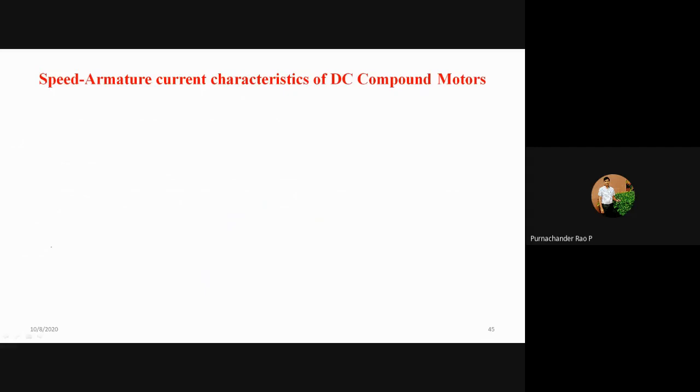Now let us consider speed versus armature current characteristics. This is Ia and this is speed.